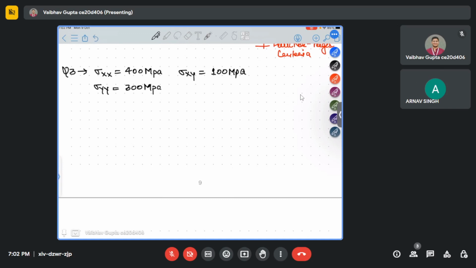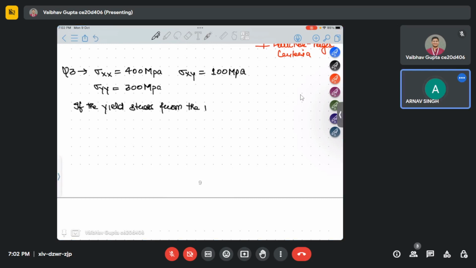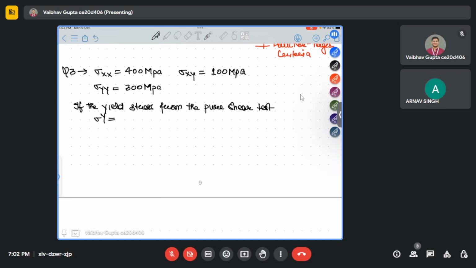And they say that the yield stress from the pure shear test on that material is sigma y, which is given as 200 MPa. They ask whether this plate or this material will fail by Tresca criteria or not, or fail by von Mises criteria or not.